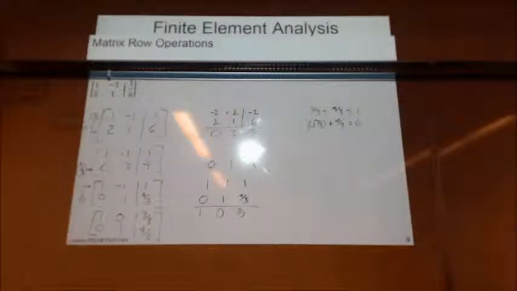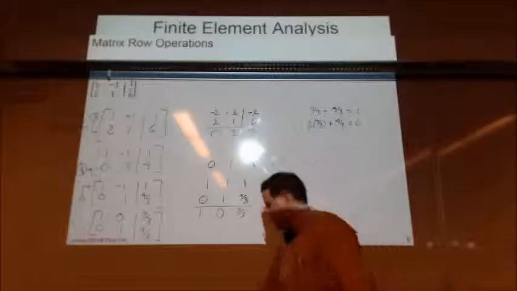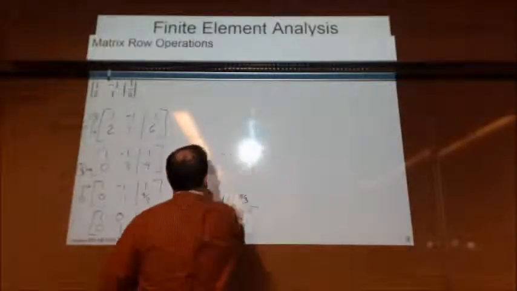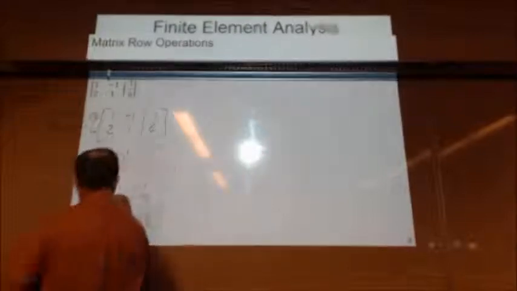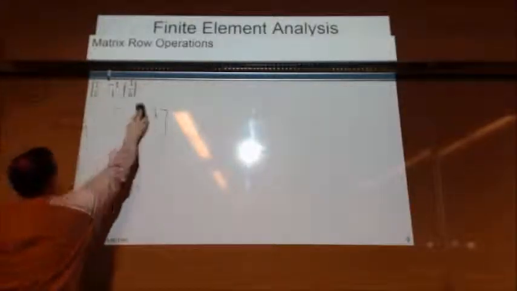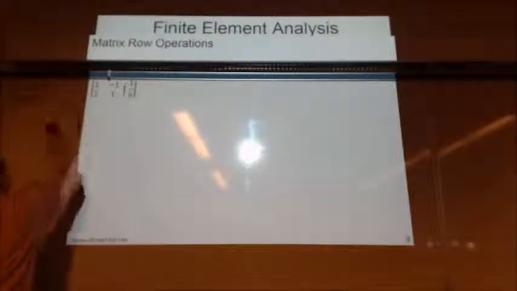Worked. Okay, so that's how we can use those row operations and matrices to solve for the unknowns. So that was an example of two lines that intersected, or equations of two lines that intersected.